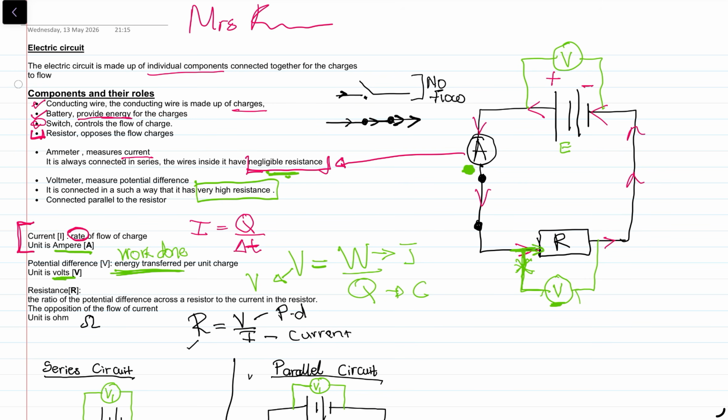And then what is R? R is the resistance, which is measured in what? In ohms. So the unit for resistance is the ohm, like that.